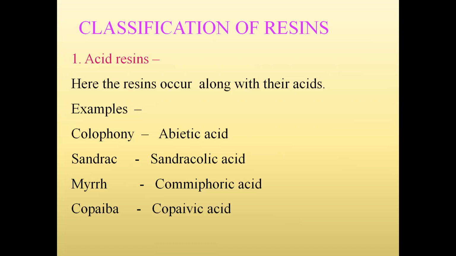That is why they are known as acid resin, because their main active constituent is acidic in nature. Second drug is sandarac. It consists of sandaracolic acid, then myrrh, commiphoric acid, Commiphora molmol, then copaiba, copaivic acid. That's why these drugs are known as acid resins and can be classified in this category.